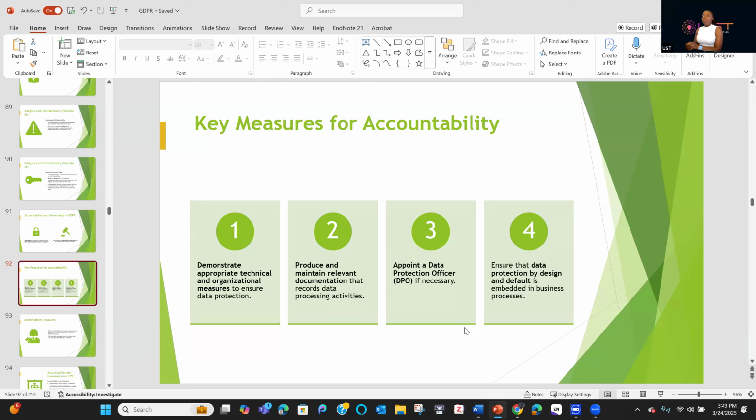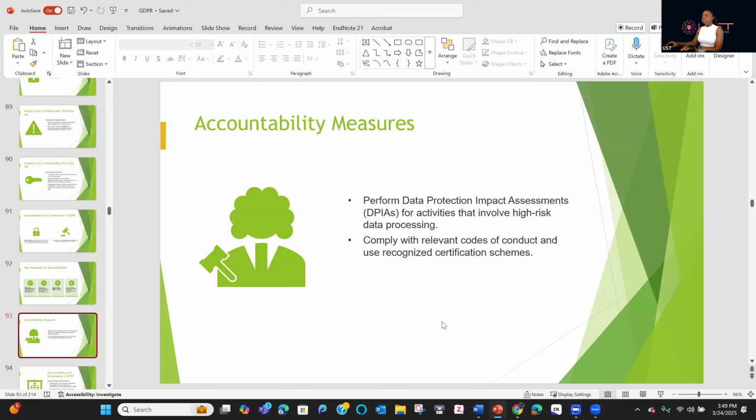Produce and maintain relevant documents that record data processing activities. Of course, you need to have those SOPs that tell you what you are doing. They also need to appoint a data protection officer, right, if it's necessary. And the name itself speaks for itself, data protection officer. And the fourth is to ensure that data protection by design and default is embedded in business processes, which we're going to discuss sometime in the future.